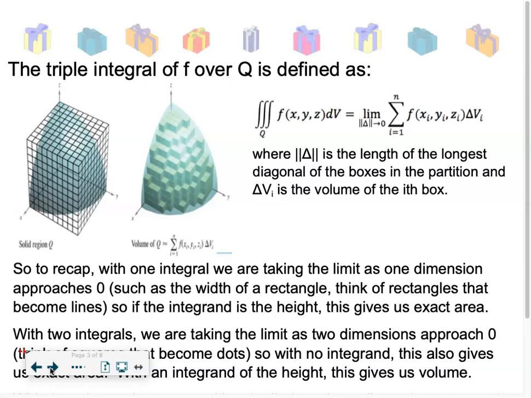So your x's get squished, your y's get squished, your z's get squished, and you get these trillion little teeny tiny cubes, and you're taking the limit as this approaches 0, this approaches 0, this approaches 0, and you end up with essentially infinitely many dots that fill the whole space. You add them all together and you get the volume. So it's kind of neat, right?